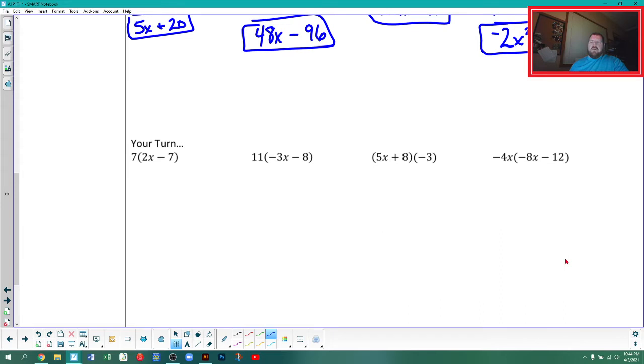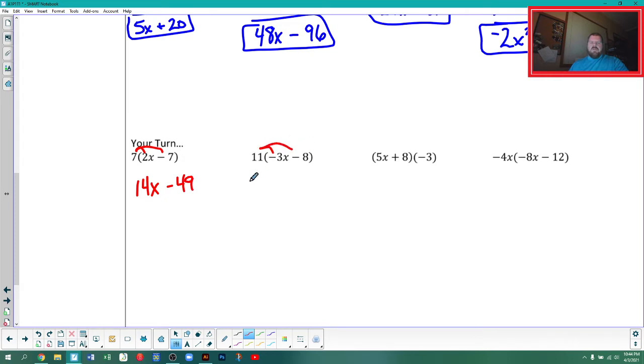They're very similar to the ones that I just did. Hopefully you had a chance to do that. Multiplying 7 by the 2x and 7 by the negative 7. 7 times 2x is 14x. 7 times negative 7 is negative 49.